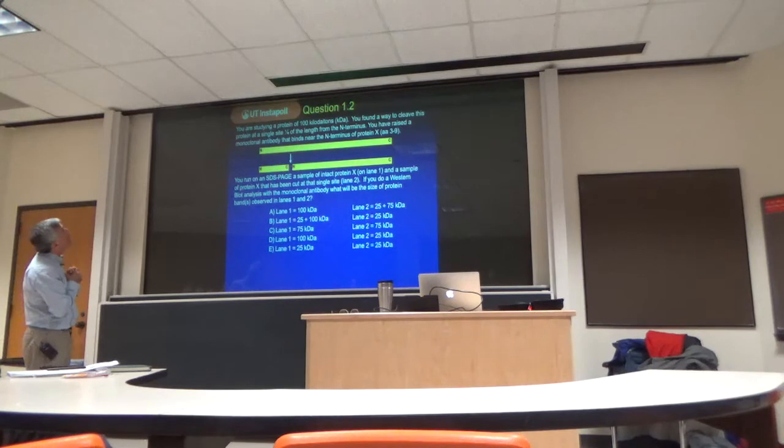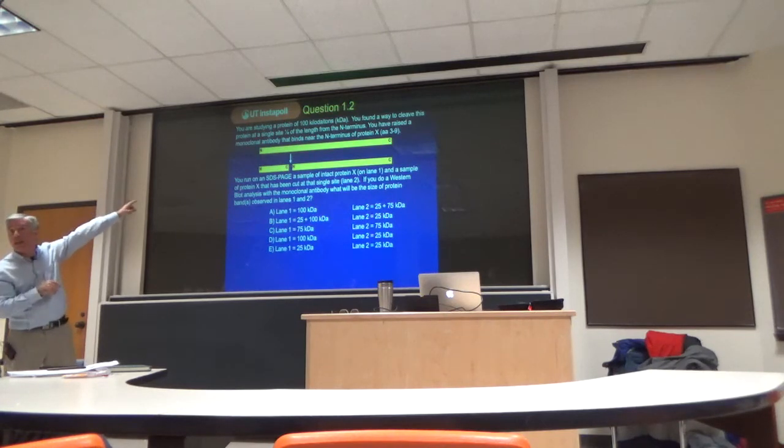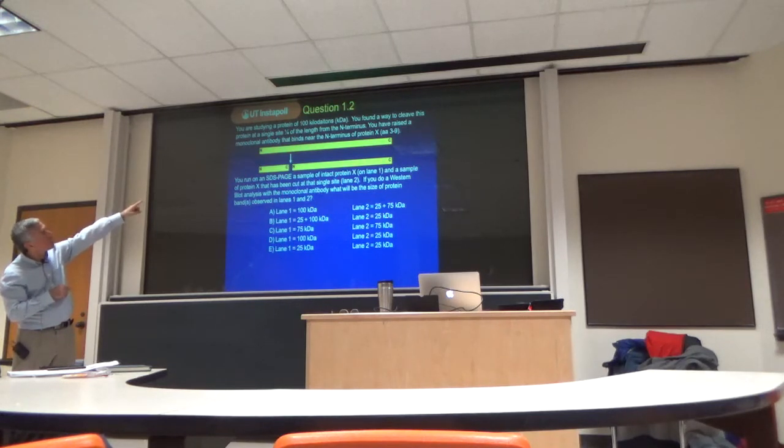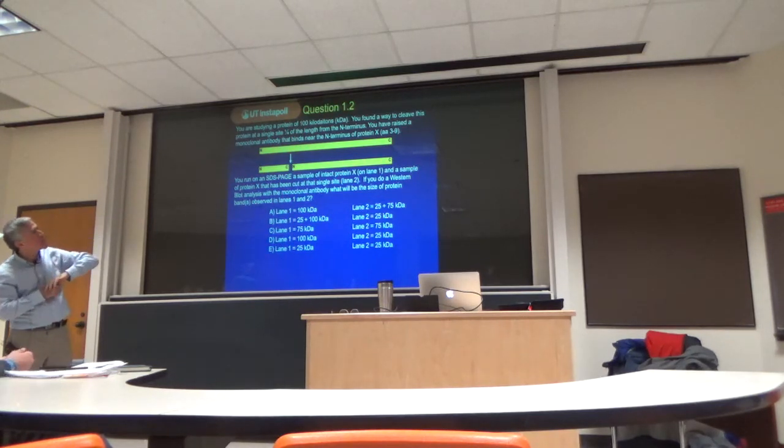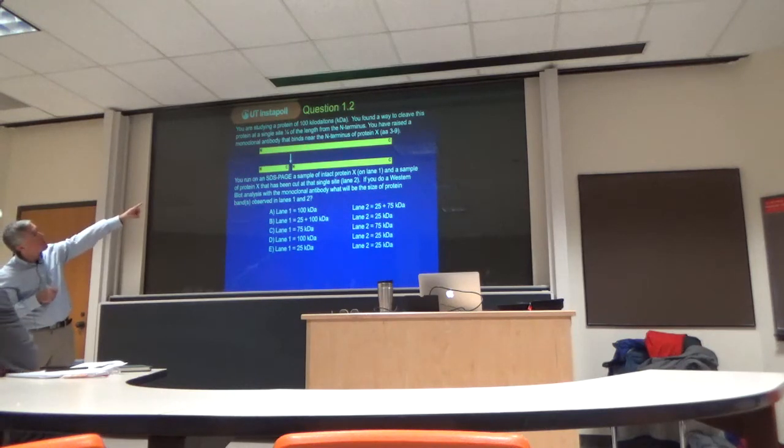It tells us that it's a monoclonal antibody that binds close by, not at, but near the N-terminus of the protein X. It tells you the amino acids, amino acids 3 to 9. All right.